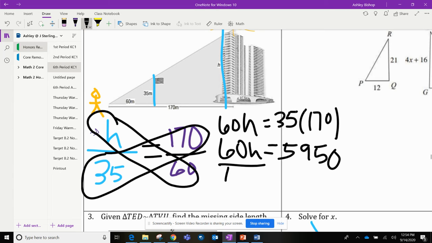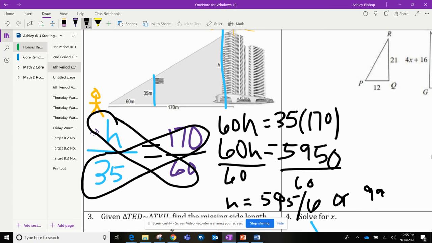I need to get H by itself, so I divide by 60. And H is going to equal, you can give me a fraction, 595 divided by 6, or you can give me a decimal. It would be 99.16 meters.